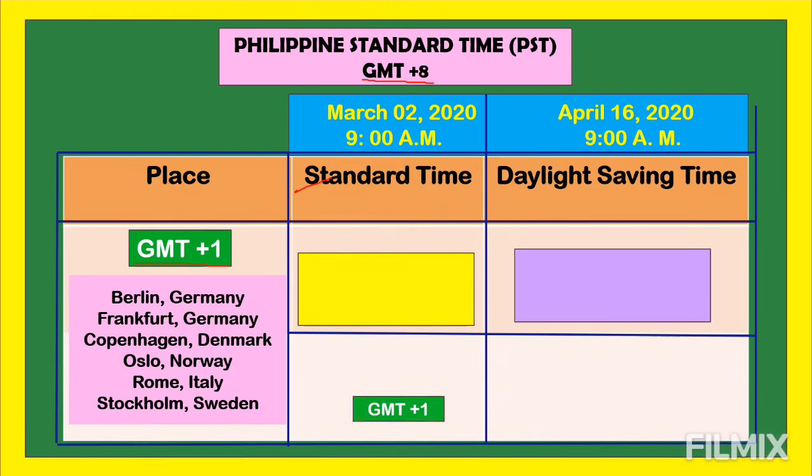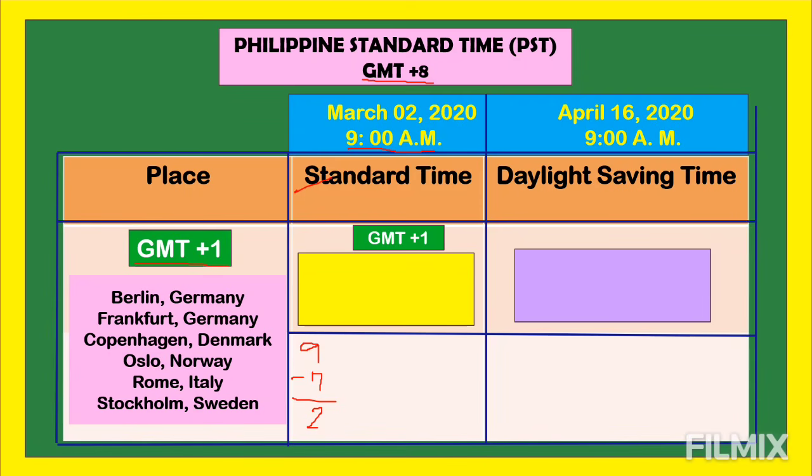If we're going to convert March 2, 2020, 9 a.m. to their time and date, that will equal 9, our time, minus 7, the time difference, that is equal to 2.